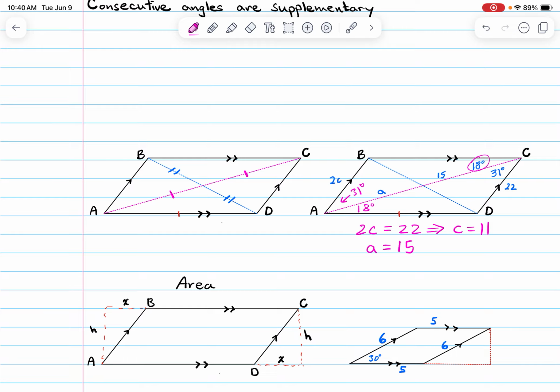So on the one hand, I was using this parallel line cut by this transversal, and I had alternate interior angles. And then I was using this parallel line cut by the transversal, and I have alternate interior angles on that one as well.